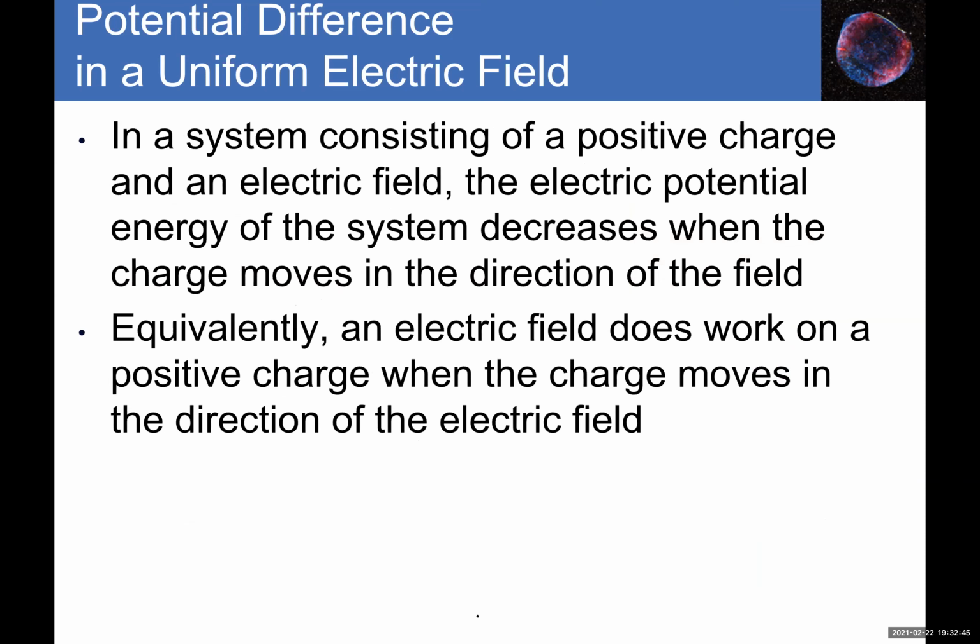All right. Now, we can talk about a system of, let's say, charges. Let me actually show you one thing here. Let's say you have a source charge and there's an electric field. Again, it's easier to represent this as an electric field line.